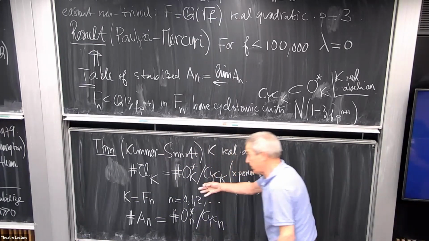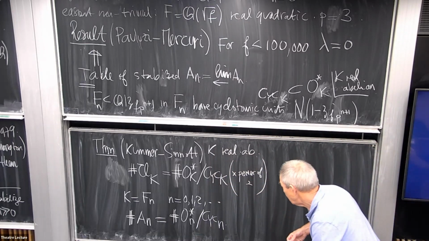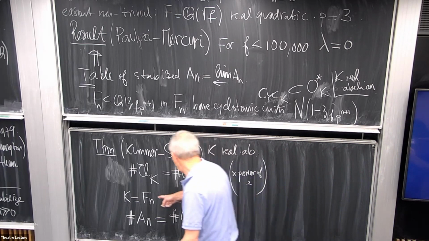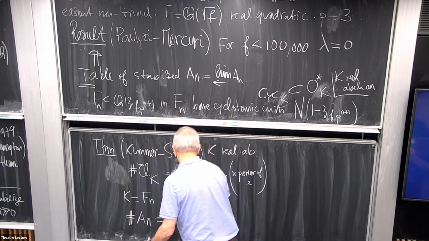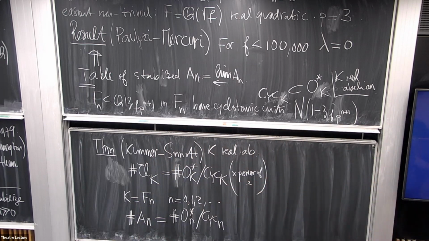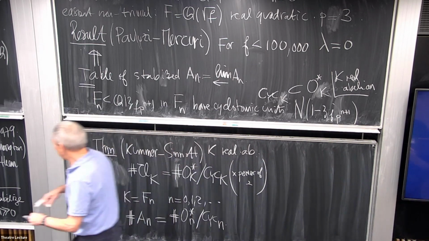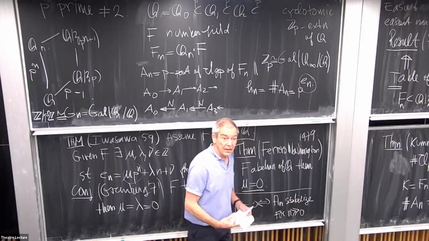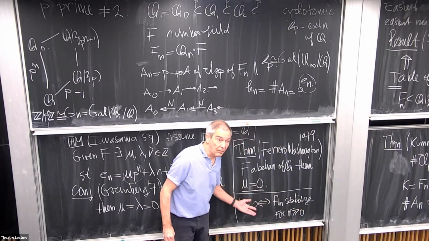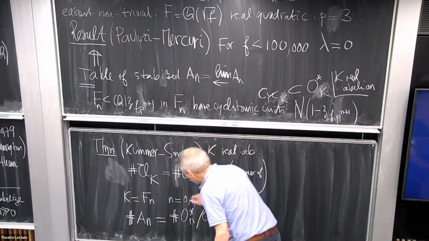This is in the tower. Only the p power is in there. So if we want to see whether the A_n stabilize, in other words, whether or not lambda is 0, it is enough to consider these groups.